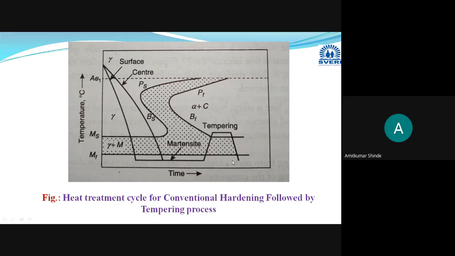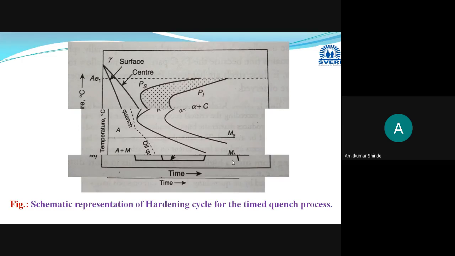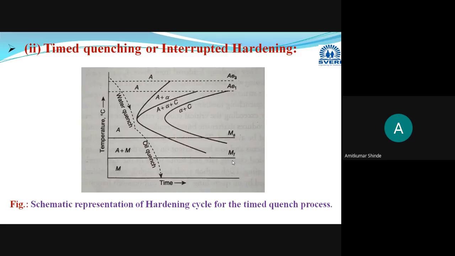Then after this, the next type of hardening is the interrupted hardening or time quenched hardening.